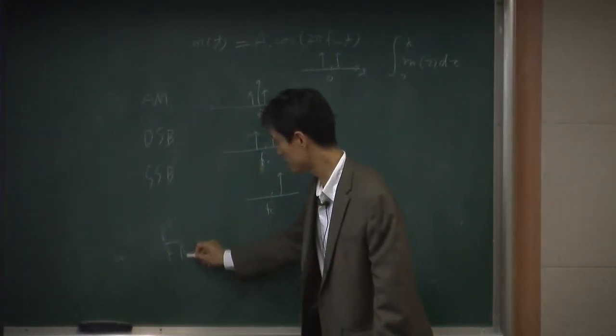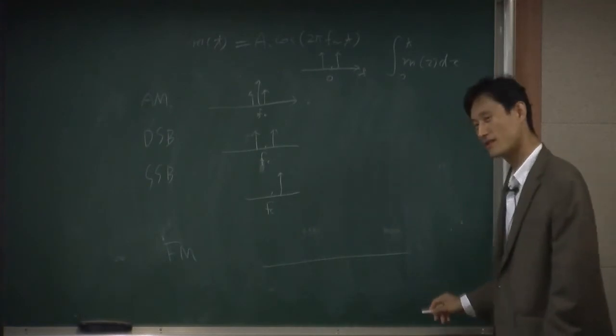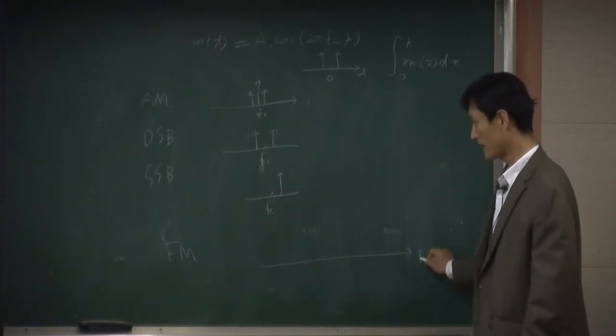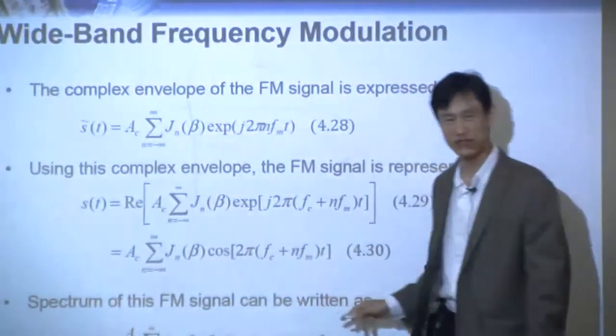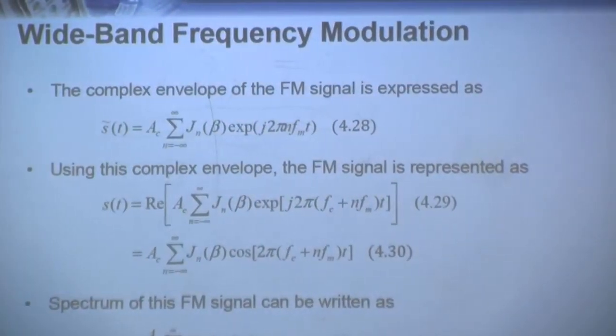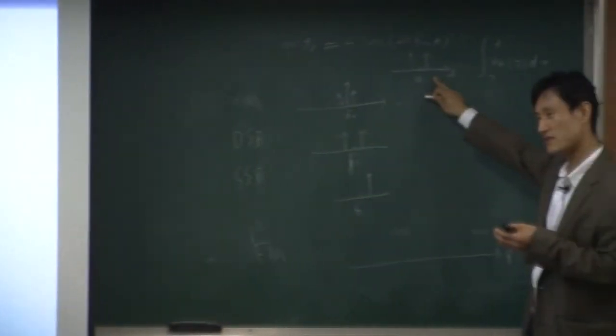wideband FM, what is going to be the frequency? As you can see here, this is a summation, and there are so many different components. So this one was our original message.